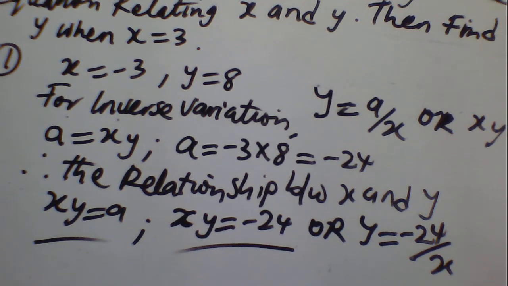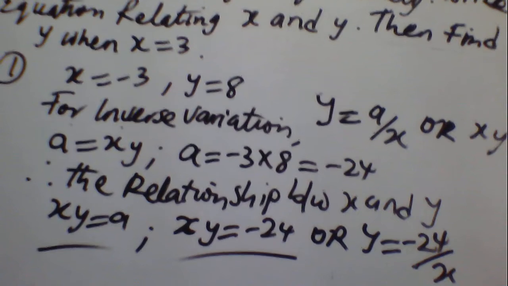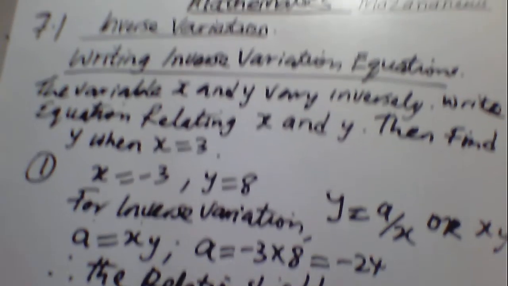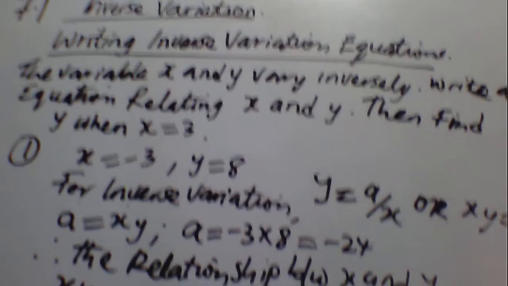equation. I hope you got it. So let's do more examples for you to understand how to write an inverse variation equation and then find the other value when one of the values is given.